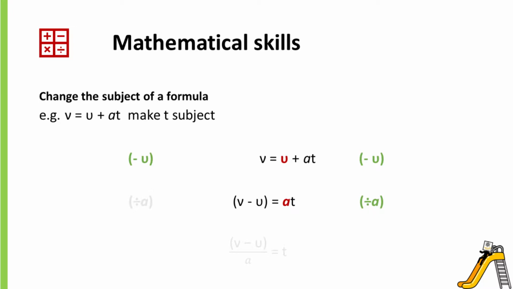And again, whatever we do to the right hand side, we need to do to the left hand side. So when we divide the right hand side by a, we also divide the left hand side by a. Now this has gotten rid of the a on the right hand side, and we just have the t sitting on its own. And our overall formula now reads v minus u divided by a is equal to t.